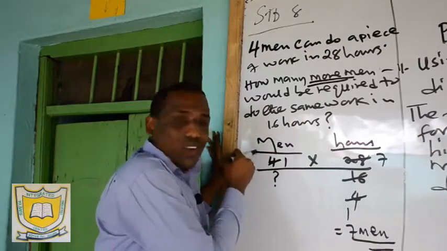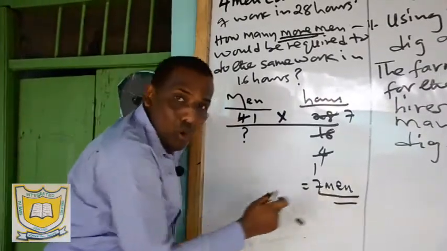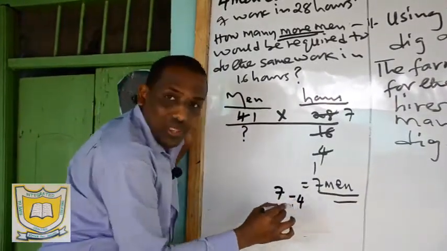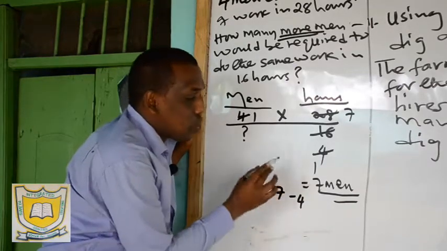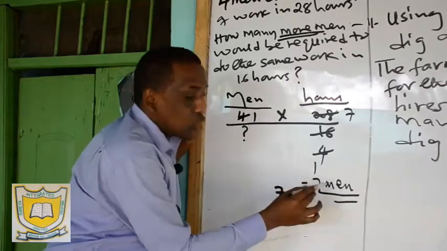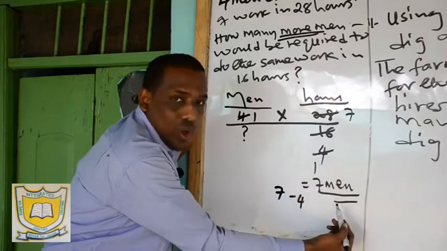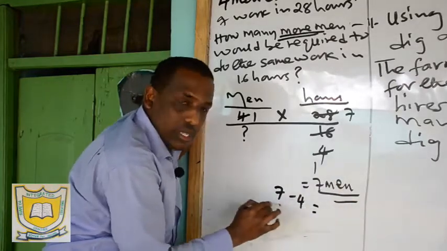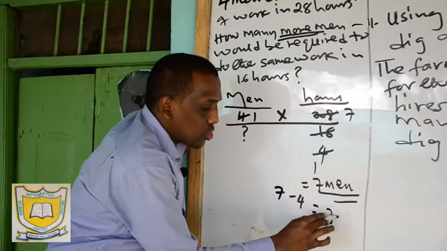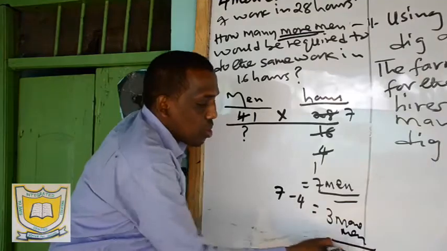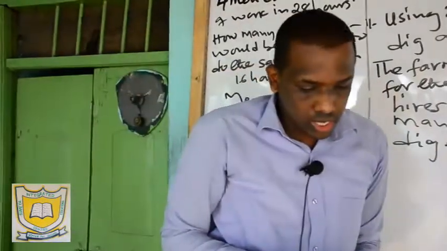What do we do? 7 minus 4, we subtract now. Men minus men. The initial men were 4. The final men that finished the work within 16 hours were 7. So subtract now, 7 minus 4, 3. So 3 more men. So that is the answer.